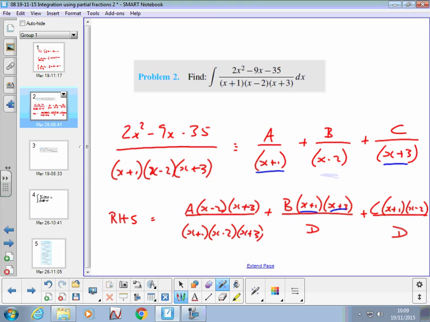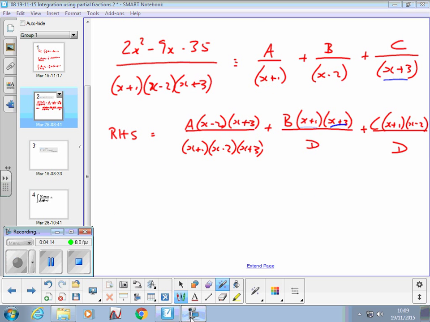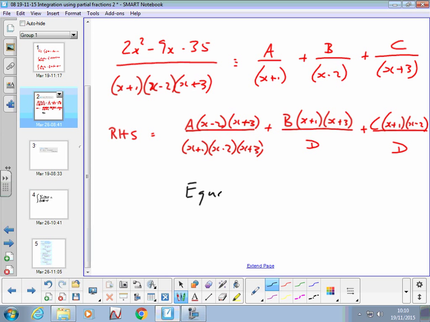Can you remember what we do now? We equate numerators. I'd like you to state that.